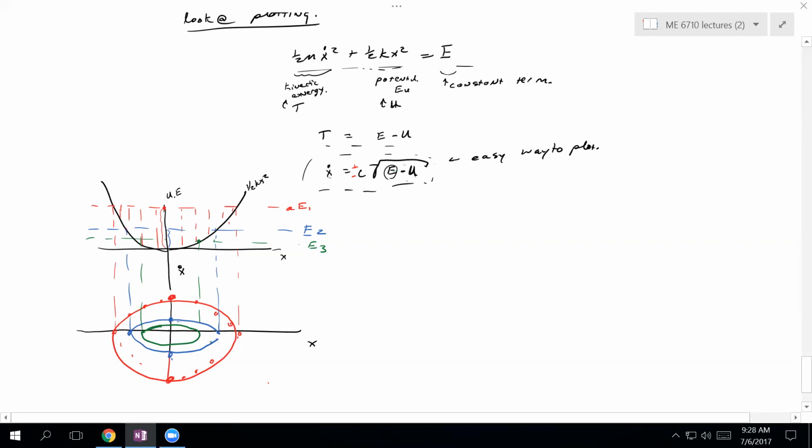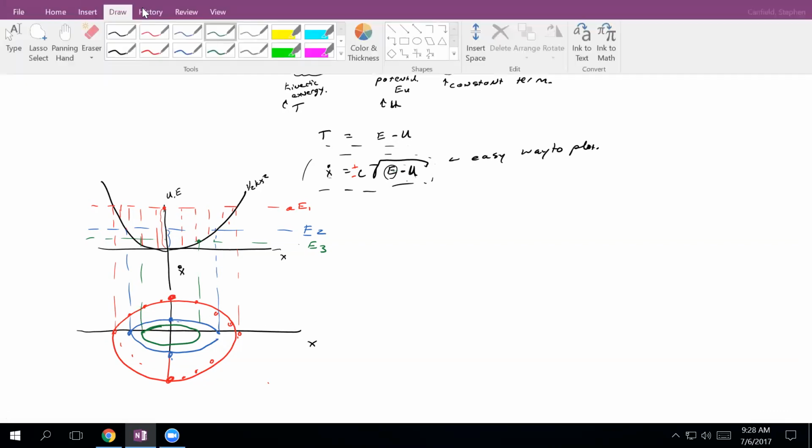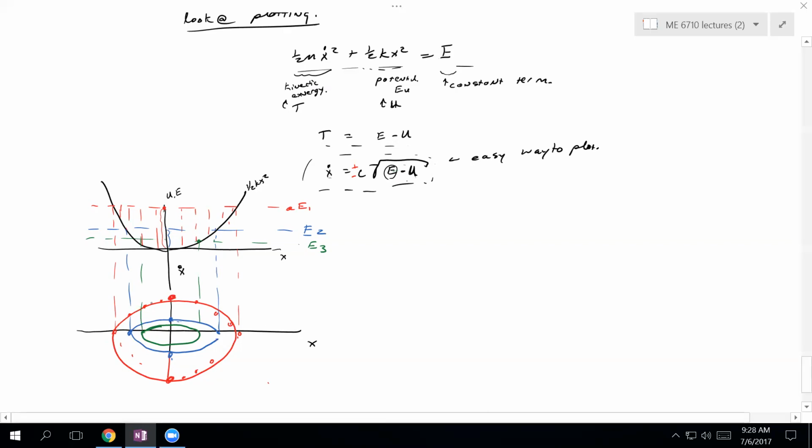And then the last thing I need to do is get the directions. Okay, so let's go back. And this is my motion. So for my E1 energy, that's how the thing behaves. So if I give it initial energy, it just constantly moves on the circle. And the question is, which way does it go? Well, here's what I do. I start by thinking in terms of x dot.